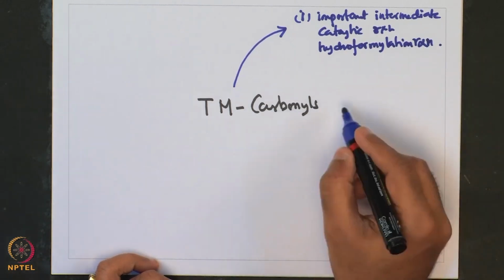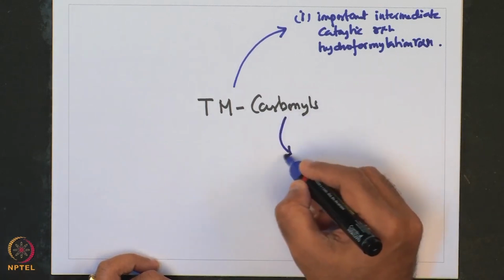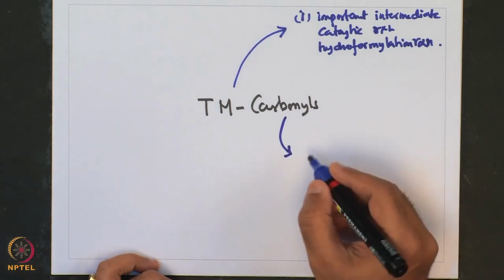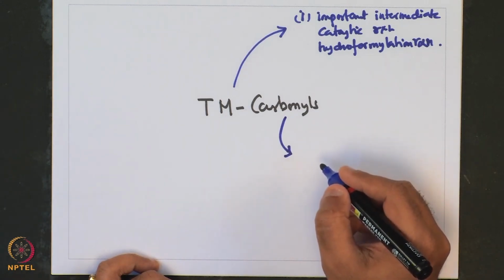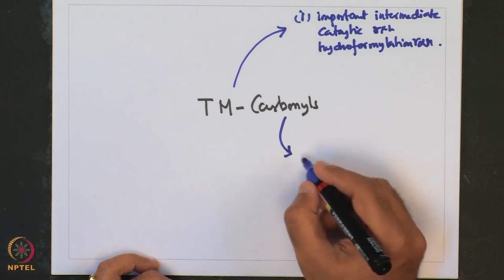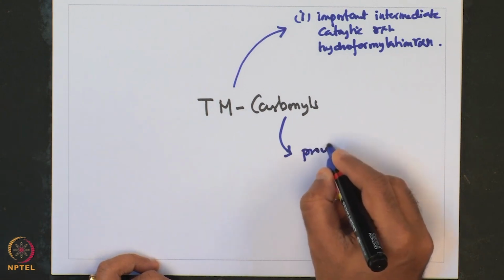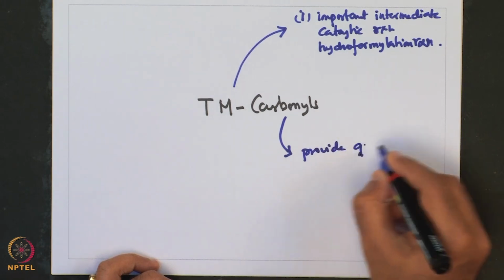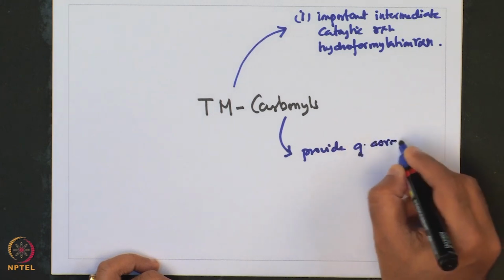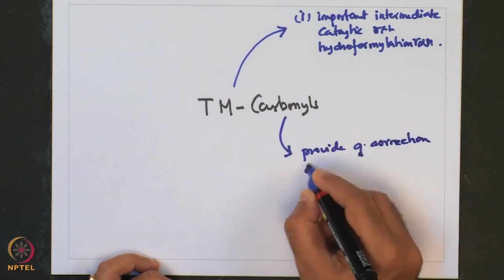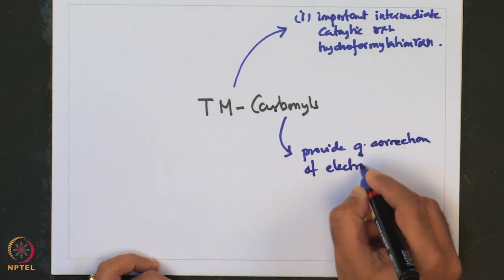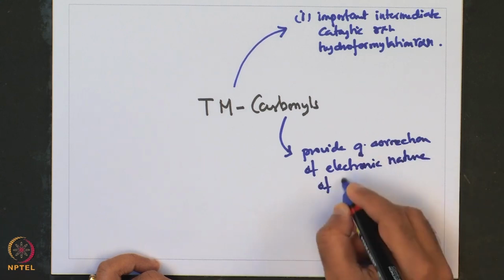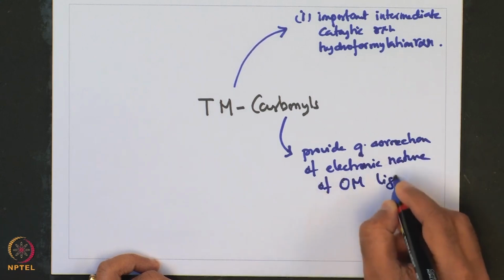Also, these transition metal carbonyl compounds have been studied to get a quantitative estimation of the electronic nature of other ligands, and this provides a correlation of the electronic nature of organometallic ligands.